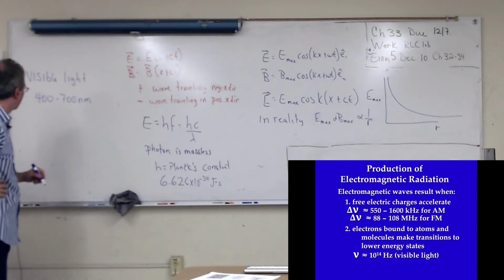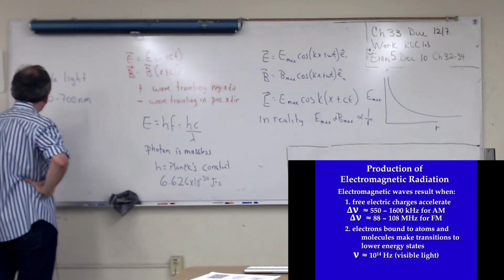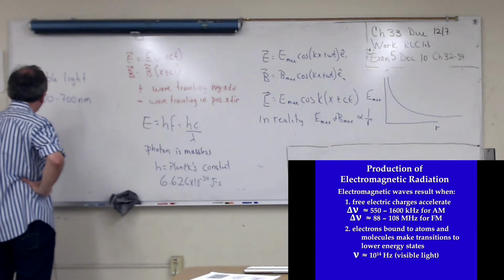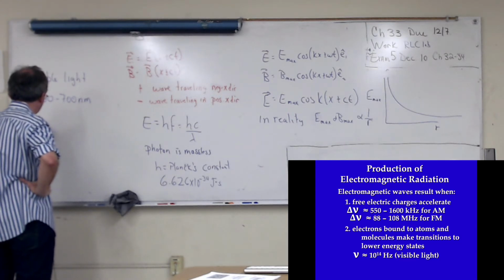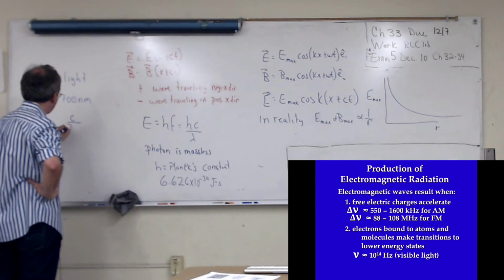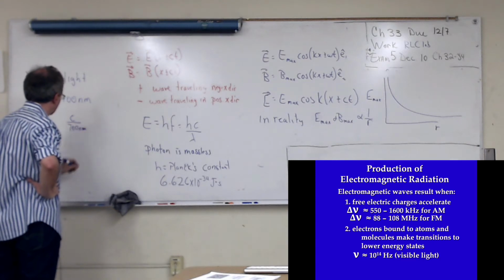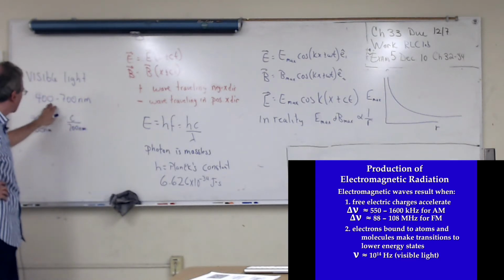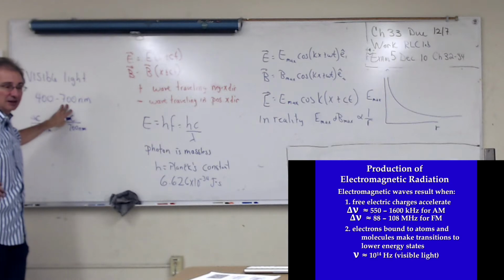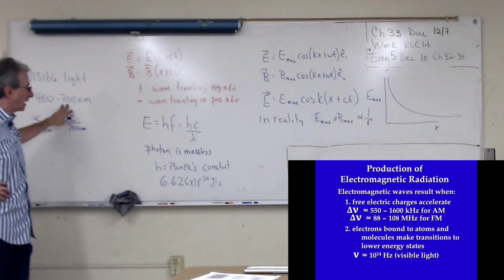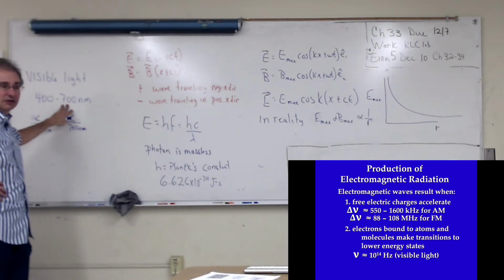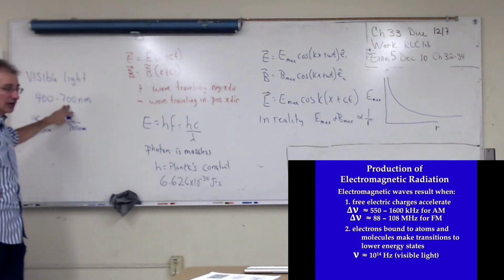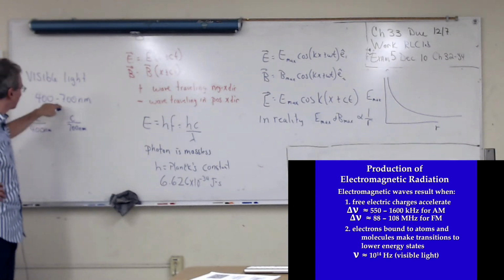To find the frequency range, you take the speed of light over 400 nanometers and the speed of light over 700 nanometers, and it gives you the range. Now again, this range is not black and white. This is an approximate number, but this is the typical range for visible light. This basically represents what we can see. The sensitivity of everybody's eyes is different.